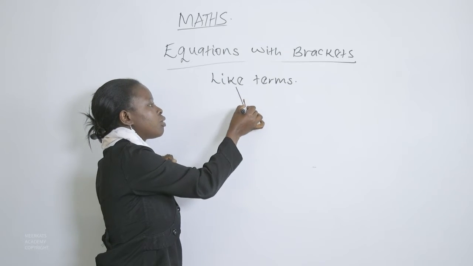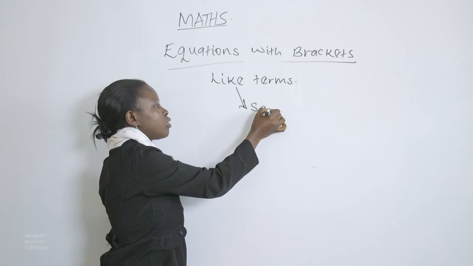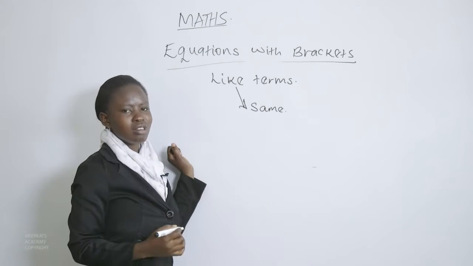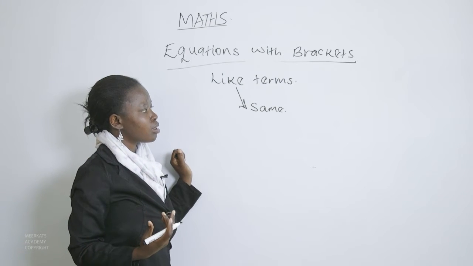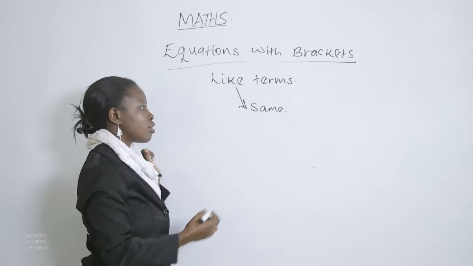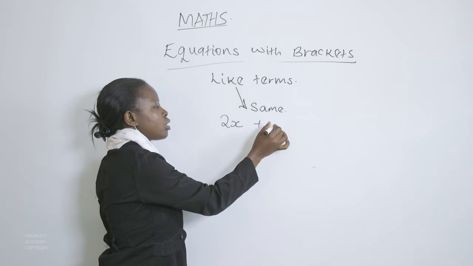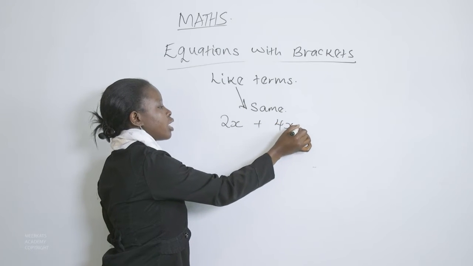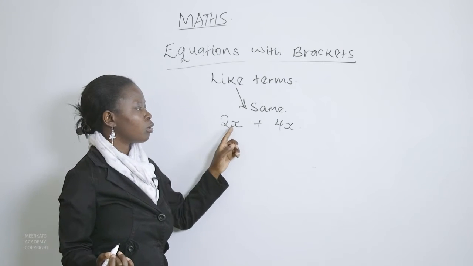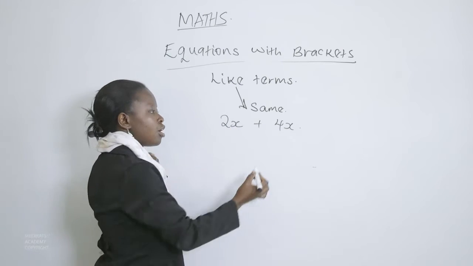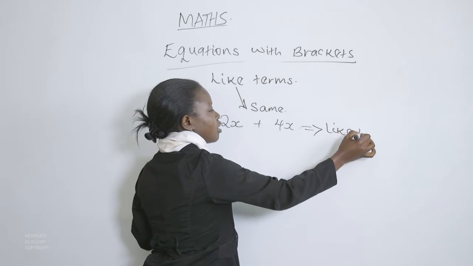Like terms are terms that are the same in terms of their pronumerals. For instance, 2x and 4x have the same pronumeral, which is x in this case. So 2x and 4x are like terms.